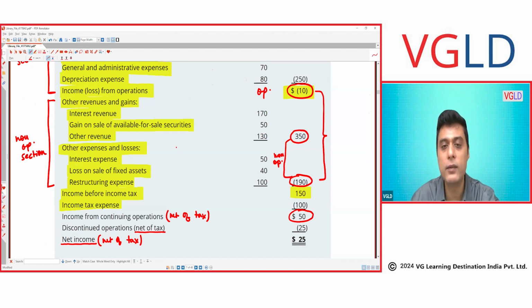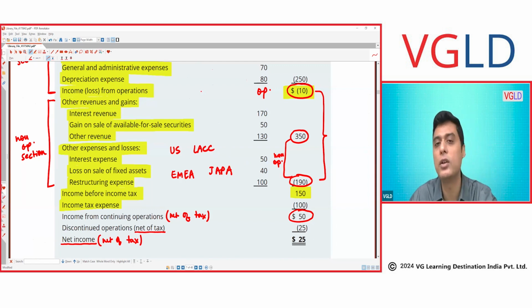That means earlier they were structured as US, Latin American countries and Canada, Europe, Middle East and Africa, Japan, Asia, Pacific and Australia. Now they have completely restructured themselves to say, we are not going to define ourselves by geography.